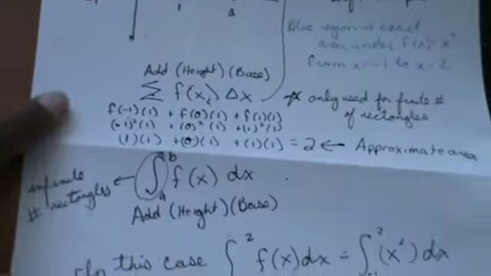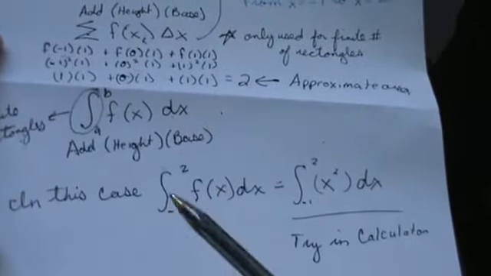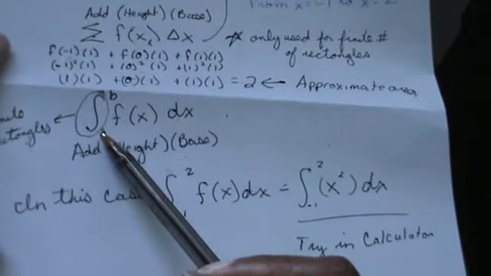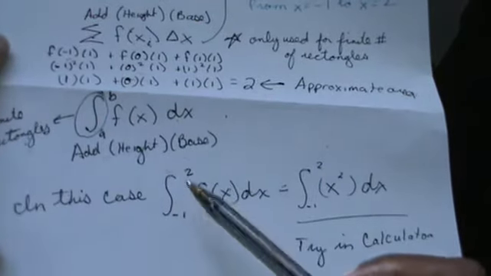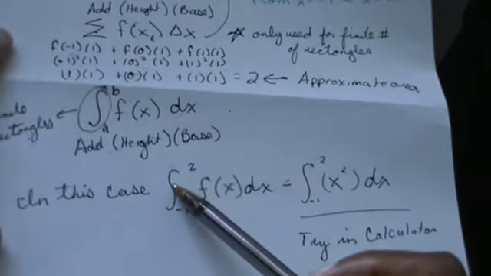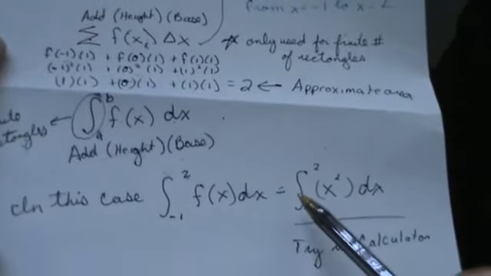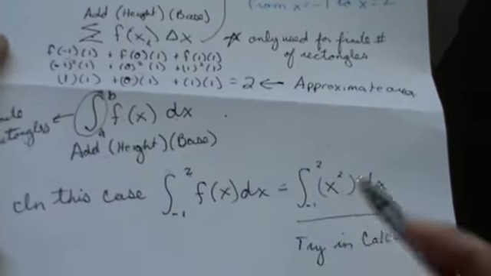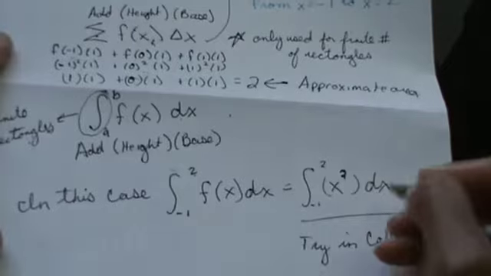So in this case, you should be getting the exact area under the curve. You'll notice that now I can say where I started in my notation, start at a, end at b. Here I said start at -1, end at 2. This indicates I have an infinite number of rectangles to squeeze in there. And then if I'm going to be really specific, I can just say this is the antiderivative of x squared, for this particular function, from -1 to 2, dx.